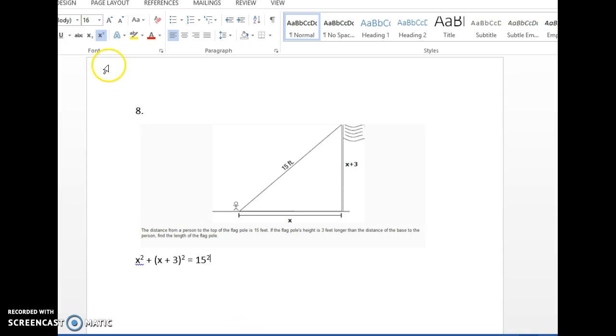Alright. So now, if I go ahead and square these things, x plus 3 squared means x plus 3 times x plus 3. 15 squared is 225.